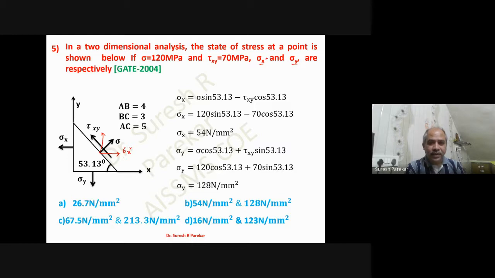Simply we have to take the components of this. So this is 53.13, and we have this angle along this, which is again 53.13. Likewise, we take the components. We got sigma x as 54 Newton per mm square and sigma y as 128 Newton per mm square. So the option we have is B.